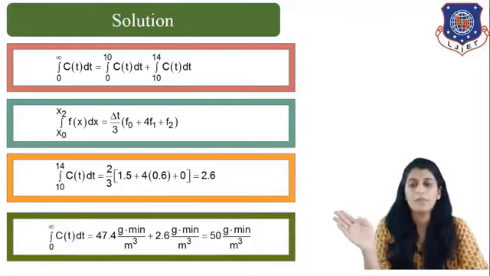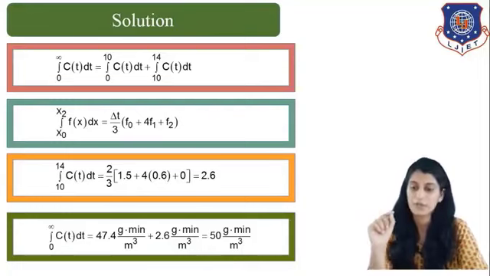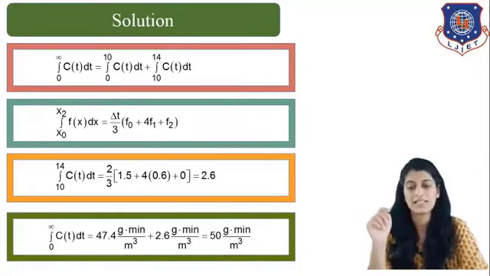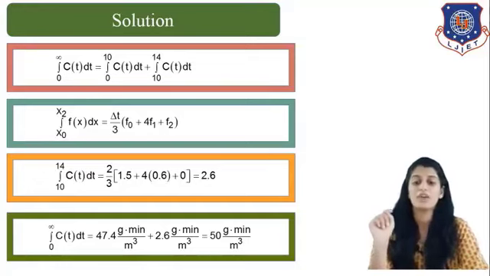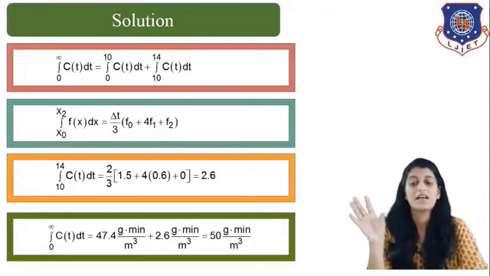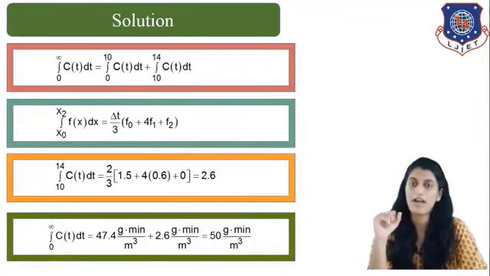From 0 to 10 the integration value was 47.4 and from 10 to 14 it is coming to be 2.6. So the summation of both the values will be 50 gram minute per meter cube. So this is the area under curve, or area under C curve. We have got the value of the area under C curve.